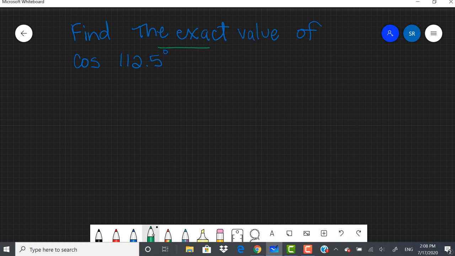So what we are going to have to do is use the half angle identity, because unfortunately 112.5 is not on our unit circle anywhere.